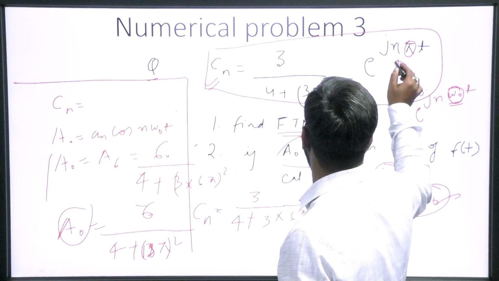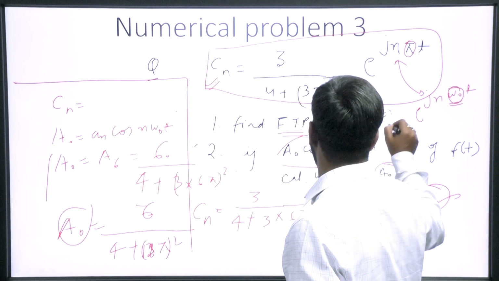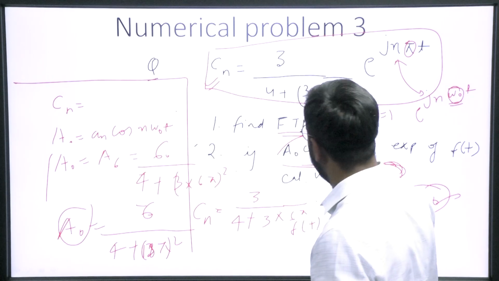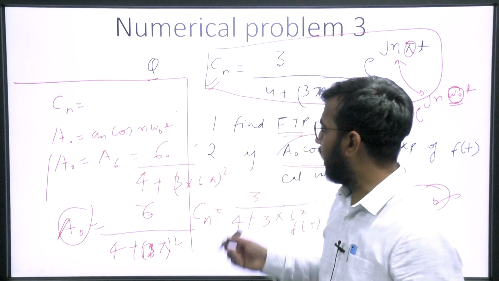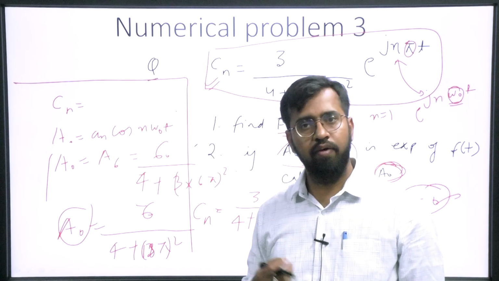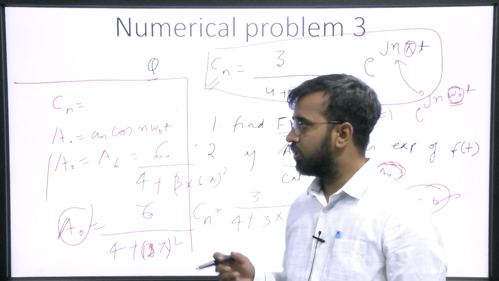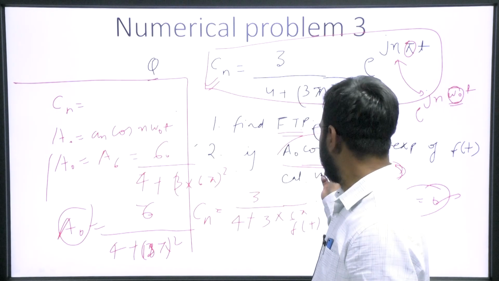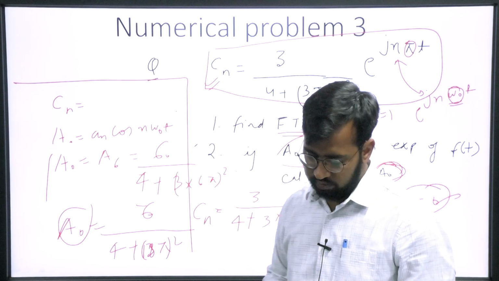For the fundamental time period we need n equal to 1, but a naught was asked at some other value of n, or some other harmonic. When n is equal to 1 it is the fundamental, and any value other than 1, like n equal to 2, 3, 4, are harmonics. It was asking for the 6th harmonic, so we kept 6 and solved the problem.